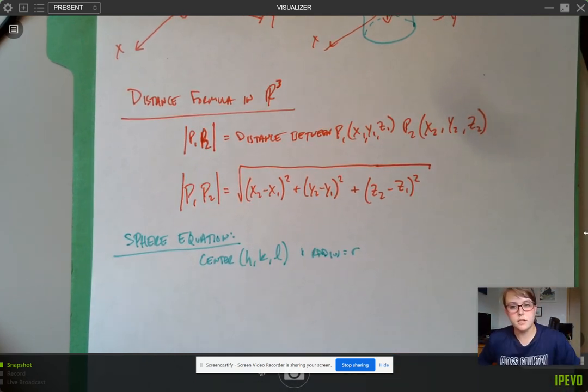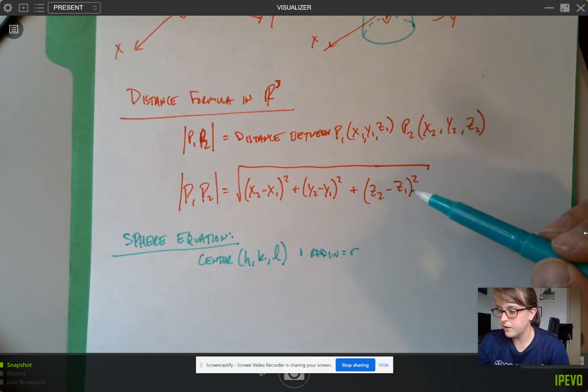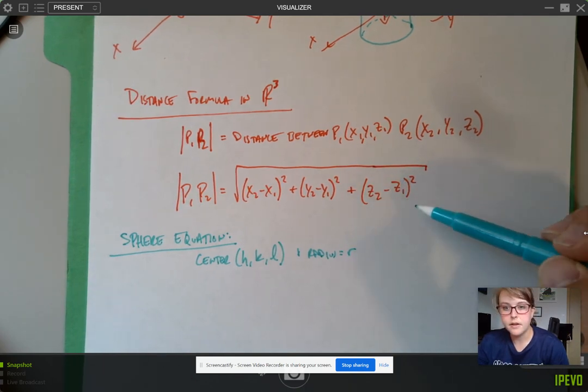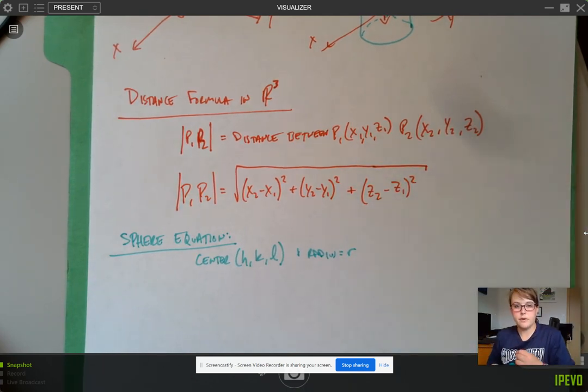And this is going to look a lot like the circle equation, actually. It's fairly analogous to the distance formula, in that we stuck in a z term there. Same kind of thing is going to happen with the sphere equation. With circles, it's (x minus h) squared plus (y minus k) squared equals r squared.